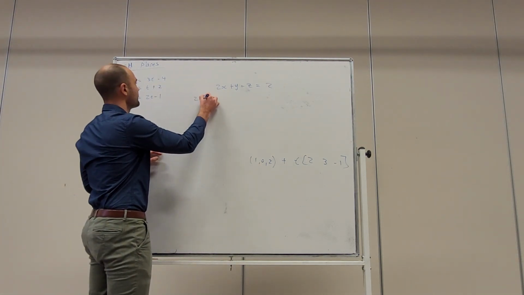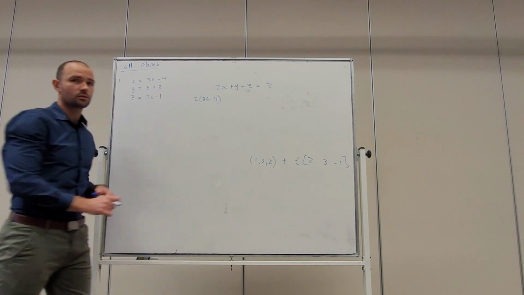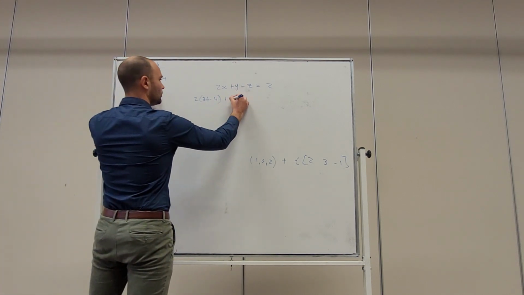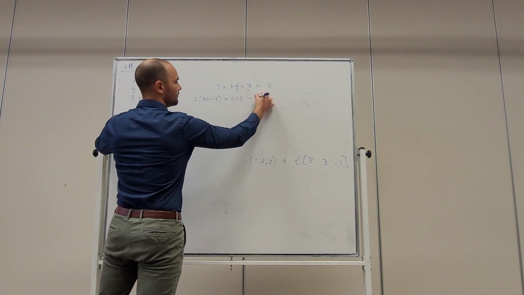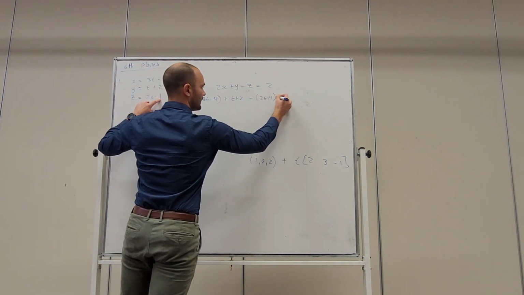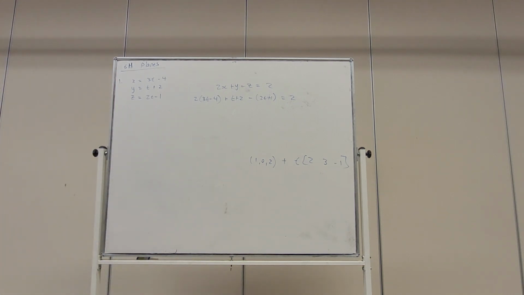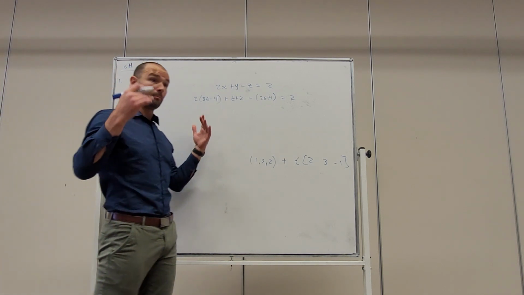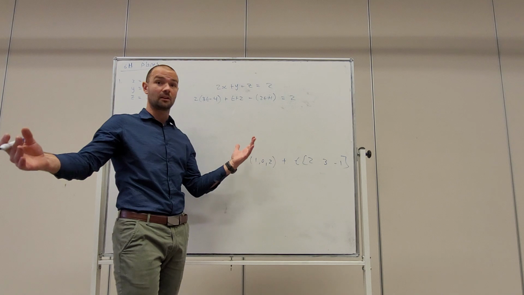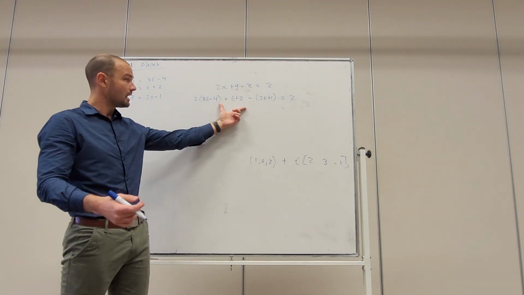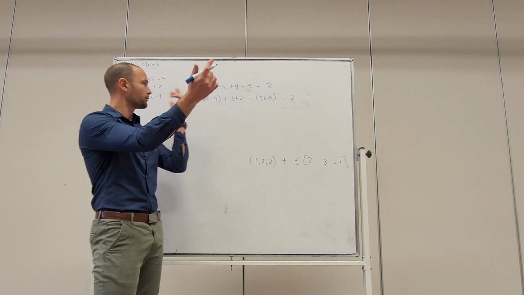I have 2 times 3t take 4, 2 times my x coordinate, plus my y coordinate, take away my z coordinate. Now be careful, the negative must distribute, so it's useful to use brackets. Remember how if a point lies on the plane, it's going to satisfy the equation. So we're saying what value of t satisfies this equation. Now all we're doing is going to expand that and solve through for t.